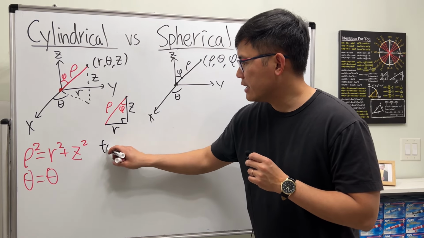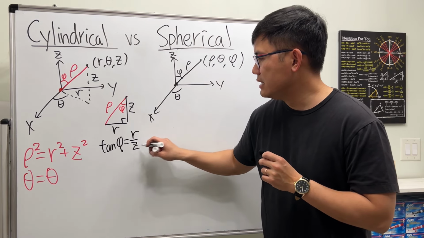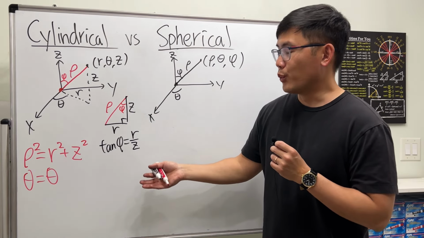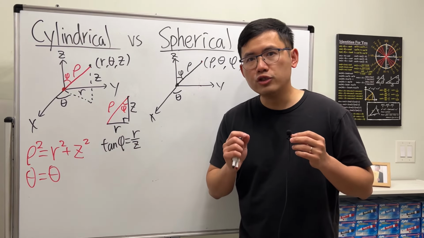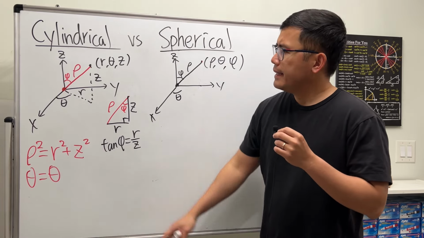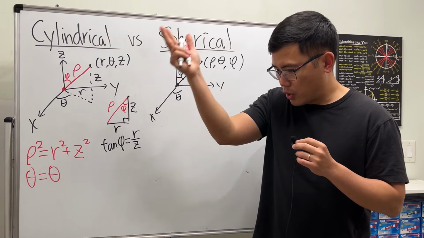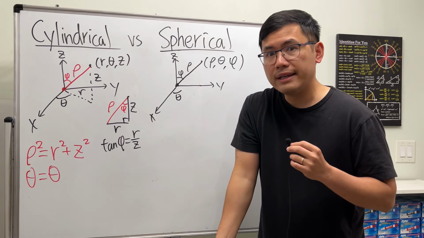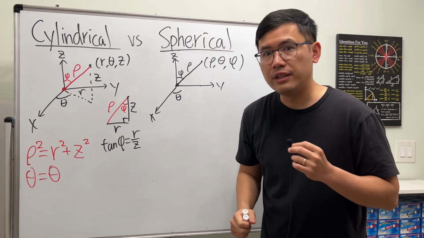So we can say tangent v equals r over z. But once you use inverse tangent on both sides, the range of inverse tangent goes from negative pi over 2 to pi over 2. For the angle v, we want it to start up here and then go down 180 degrees, in other words, from 0 to pi in terms of radians.